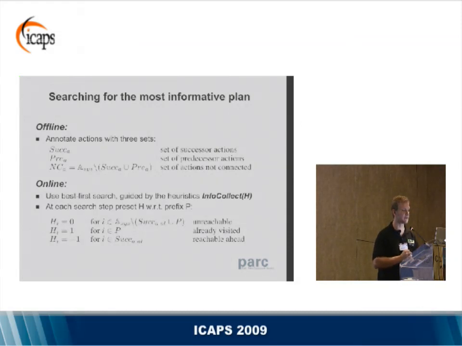Basically, we take this h, which tells you which actions will be in the plan or not, and we annotate everything with 0, which is unreachable given a certain prefix. Then we annotate everything with 1, which is already visited by this prefix, and then we look at all the things which we can still reach.